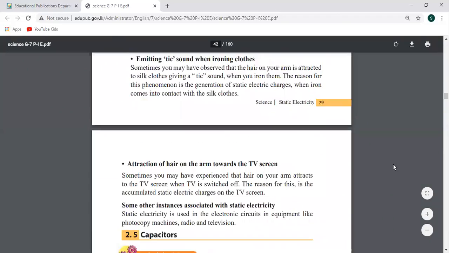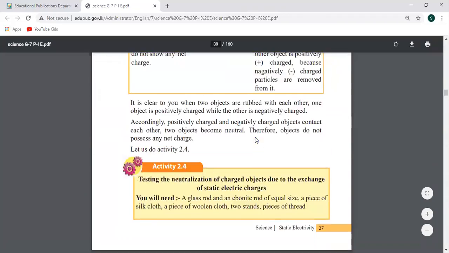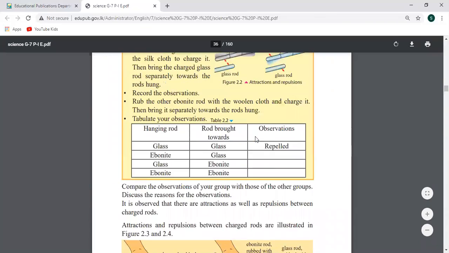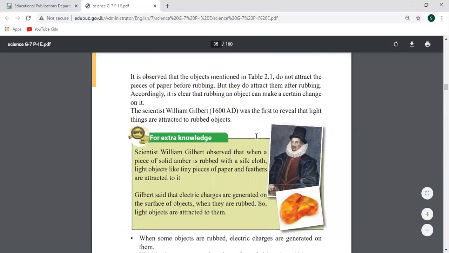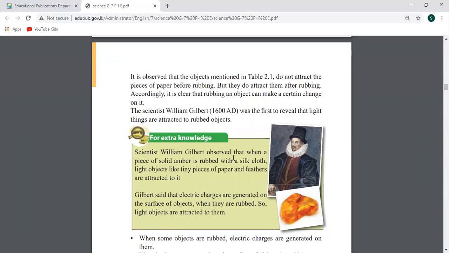And this person is also a scientist, William Gilbert. William Gilbert is the founder of the solid amber, and he rubbed the solid amber with a silk cloth, and then he said electric charges are generated on the surface of objects when they are rubbed.